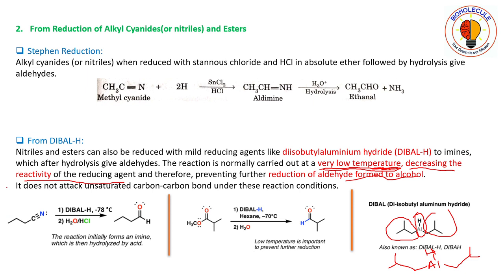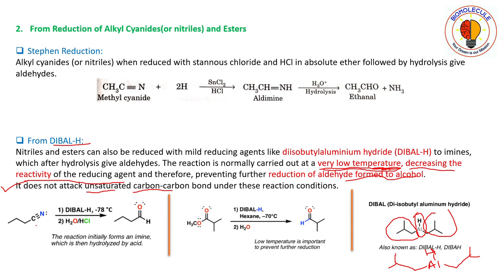And here is one very remarkable property of this reagent DIBAL-H, that it does not attack unsaturated carbon-carbon bonds, that is, olefin double bonds or carbon-carbon triple bonds, alkynes. It does not attack those unsaturated carbon-carbon bonds.